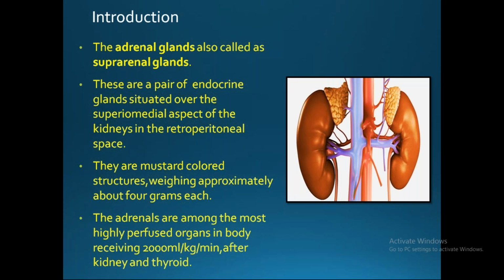They are one of the highest perfused organs in the body. The blood received per gram of tissue is around 2000 ml per kg per minute, and they are mustard colored, and each of them weighs about 4 grams.